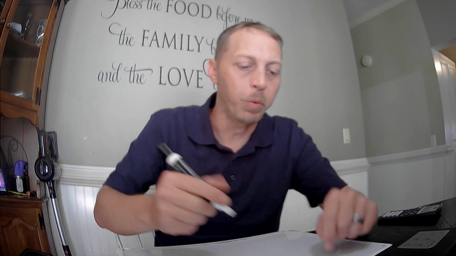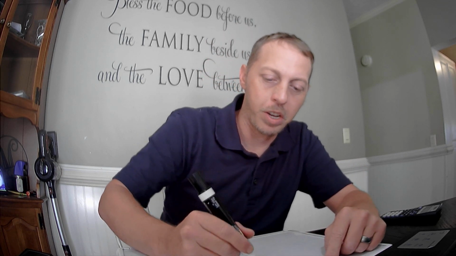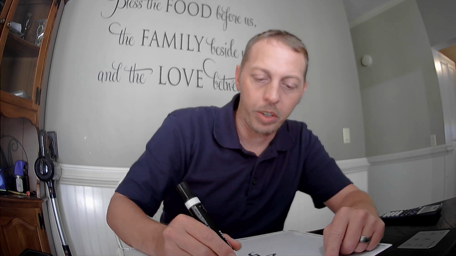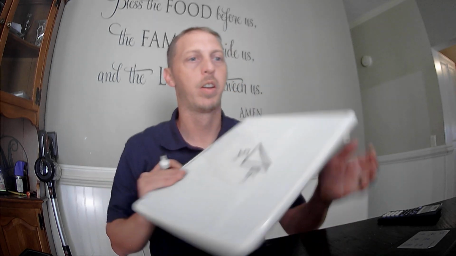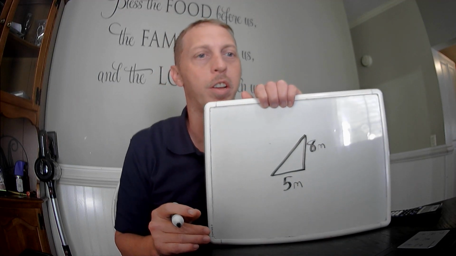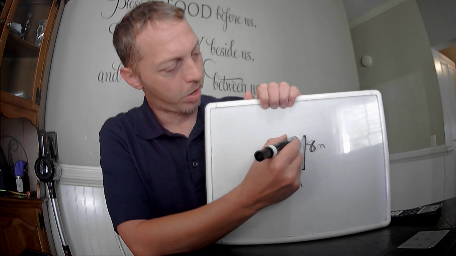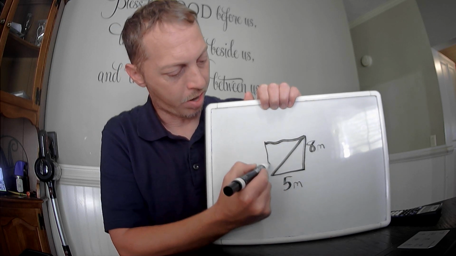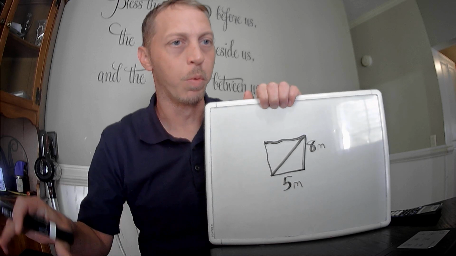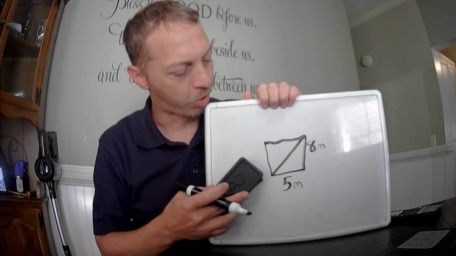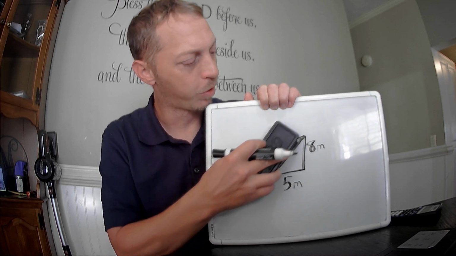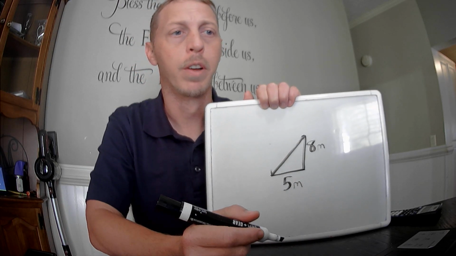What's interesting about triangles, and why this equation works, is because a triangle is exactly half of a square or a rectangle.